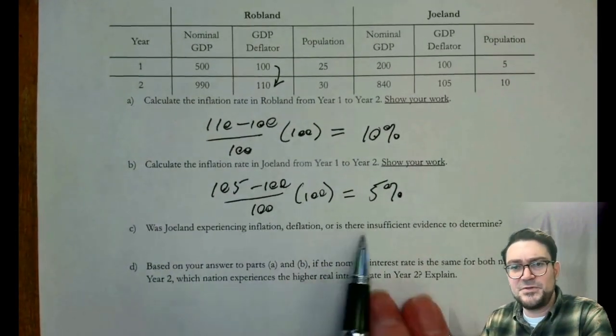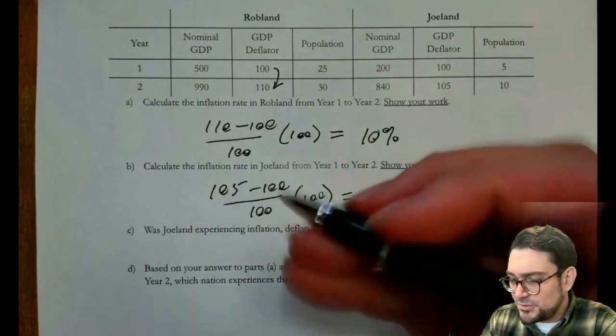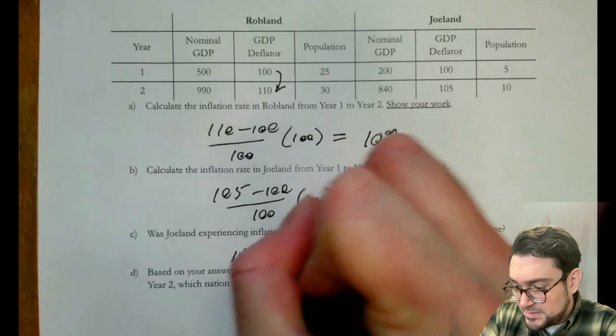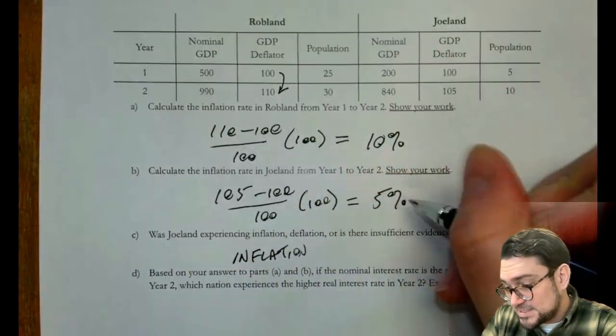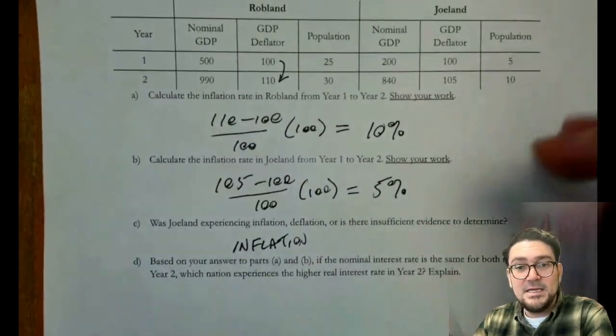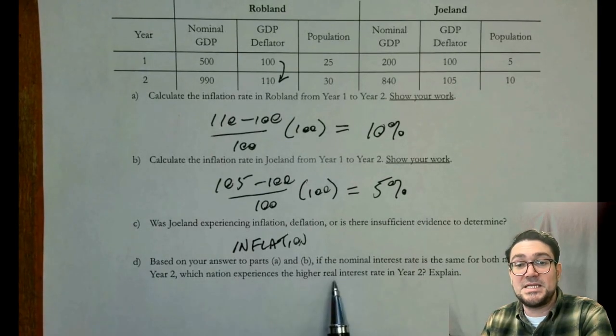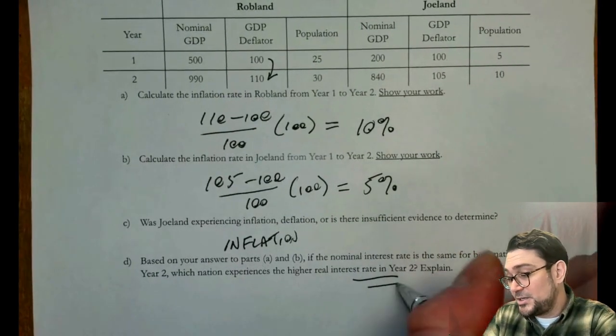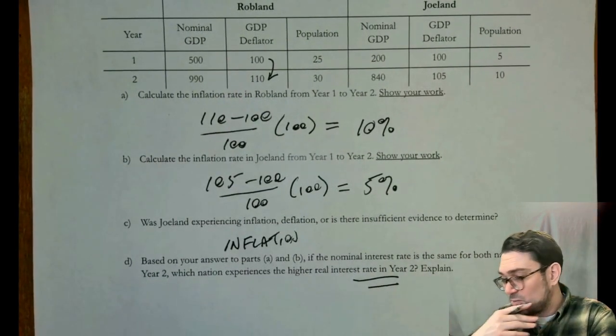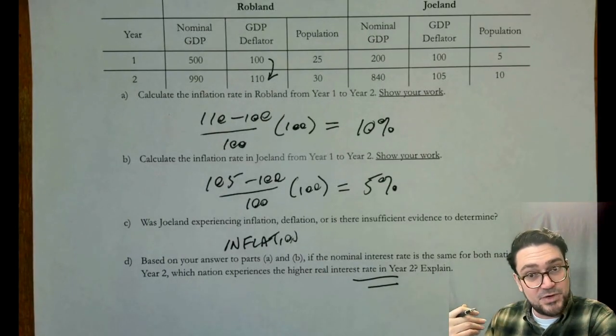Was Joe Land experiencing inflation, deflation, insufficient evidence? Well, Joe Land is experiencing inflation, and that's because this is a positive number, right? We can see it. Based on your answers to parts A and B, if the nominal rate is the same for both nations, which nation experiences the higher real interest rate in year 2? And so, in other words, which country has the lower inflation rate is actually what it is.